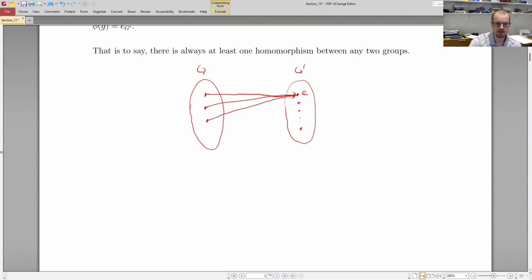And of course, phi of A B is equal to E, but that's just E times E, which is phi of A times phi of B, right? So it clearly satisfies the homomorphism property. So it is a homomorphism, that is.